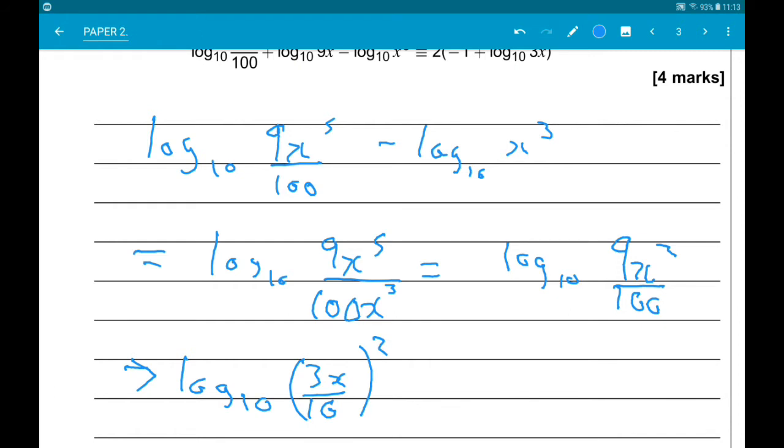Now, using the power rule of logs, this is now 2 log 10 of 3x over 10.